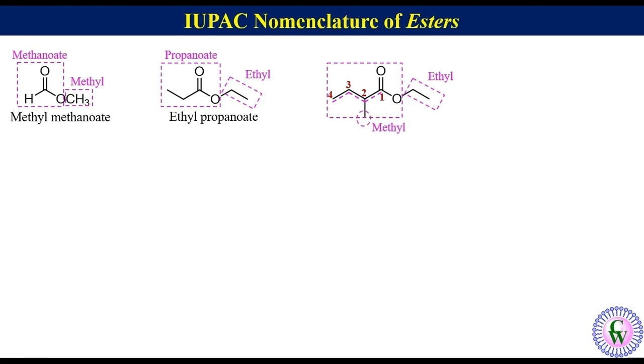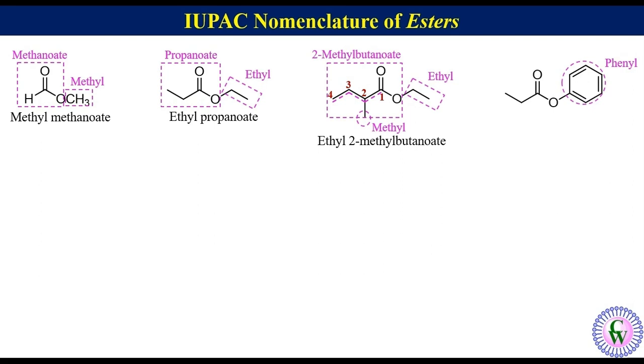So the carboxylate part will be named as 2-methyl butanoate. Thus, the IUPAC name of this molecule will be ethyl 2-methyl butanoate. In this example, R' is phenyl, and the carboxylate part is propanoate. So the IUPAC name will be phenyl propanoate.